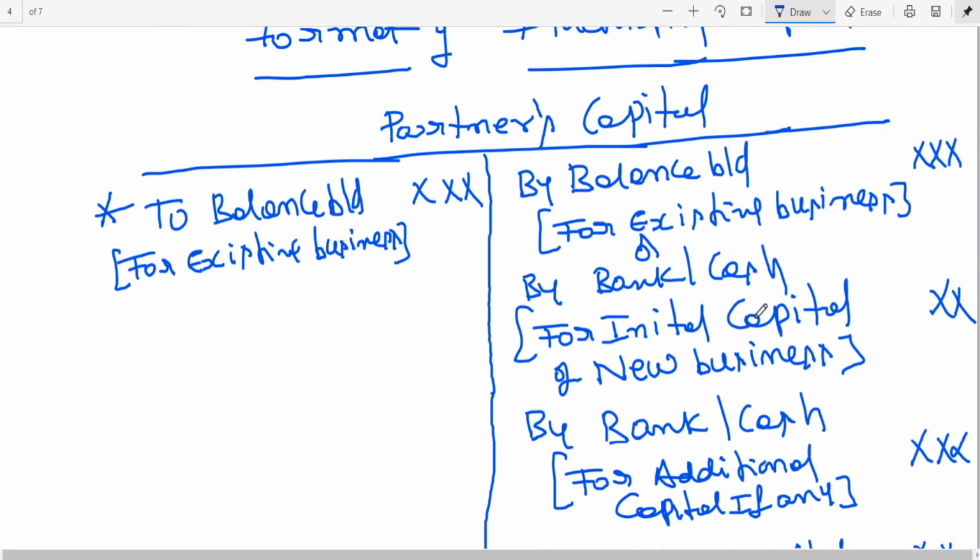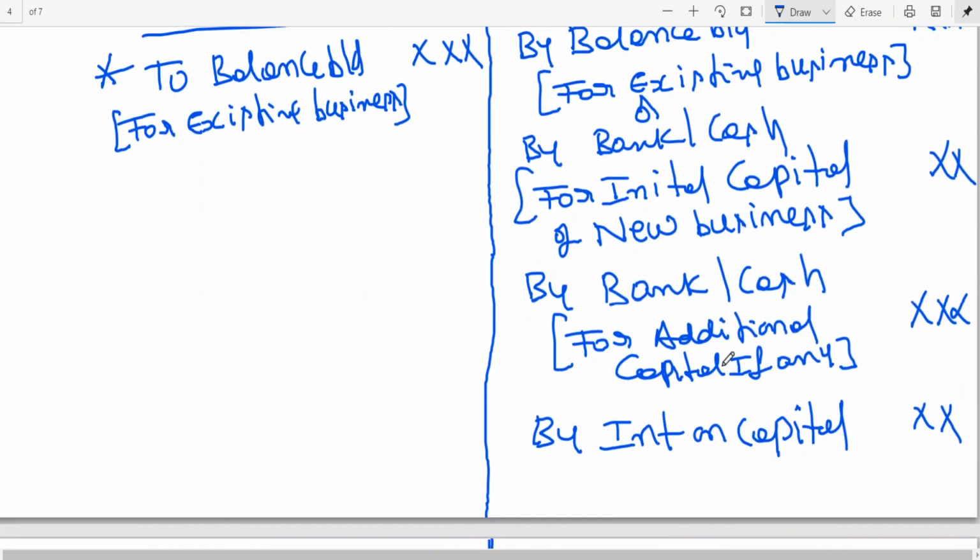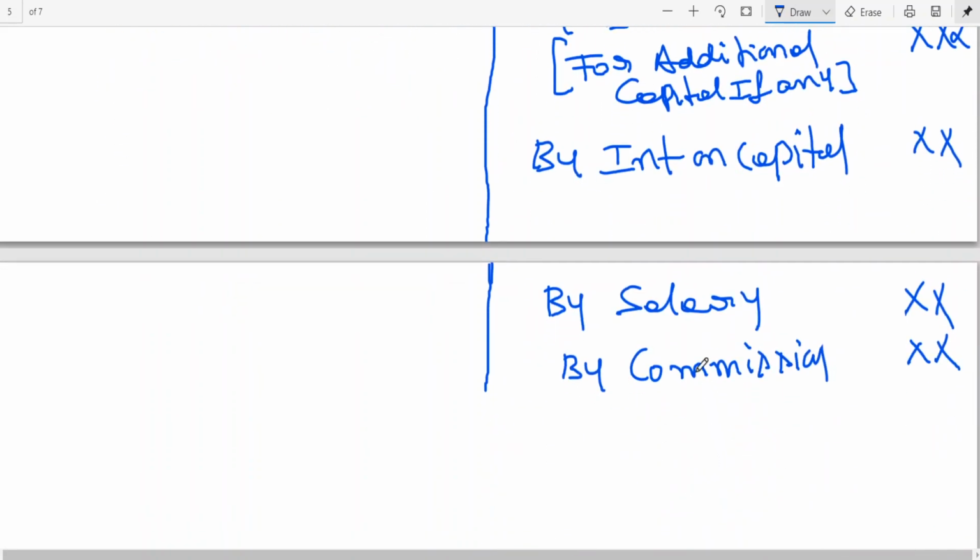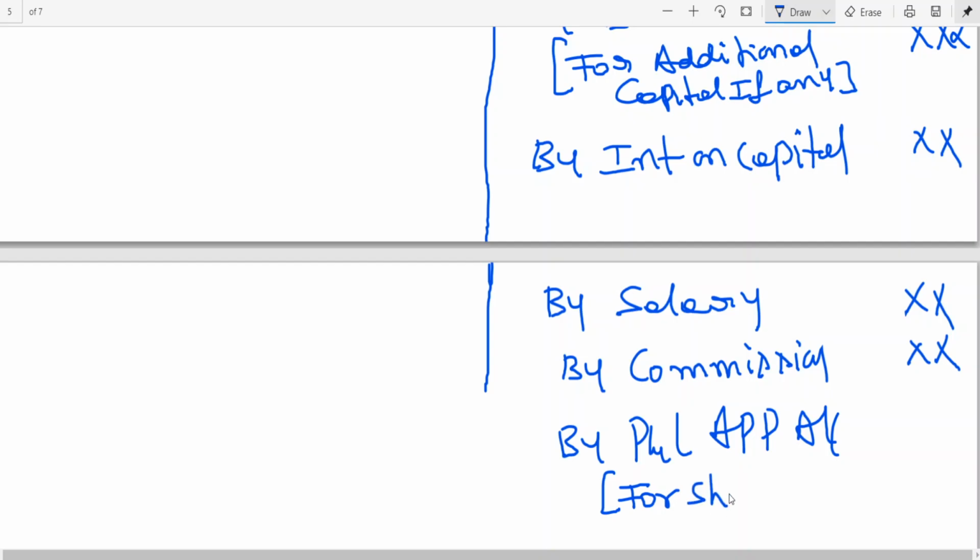So you can see credit side, opening balance or bank. Then bank, if there is an additional capital, by interest on capital, by salary, by commission, then you write by P&L appropriation account for share of profit of concerned partner.